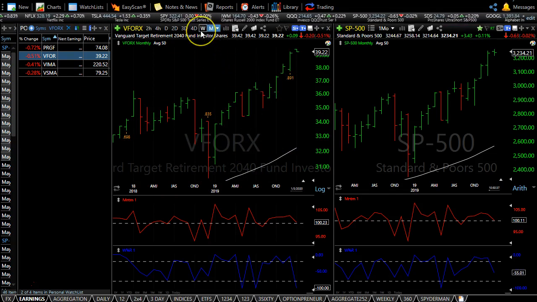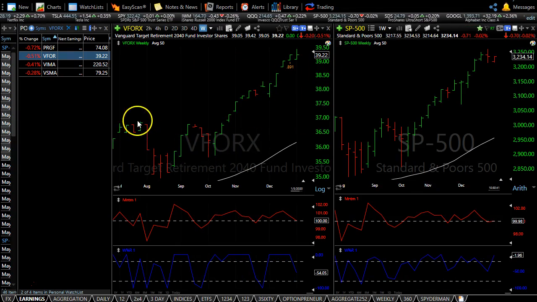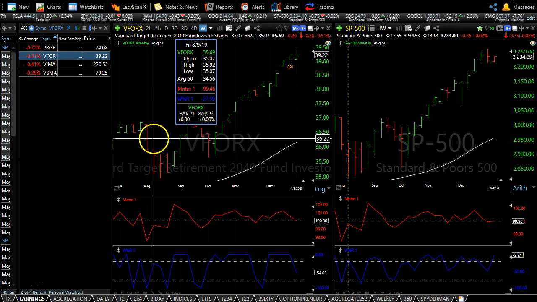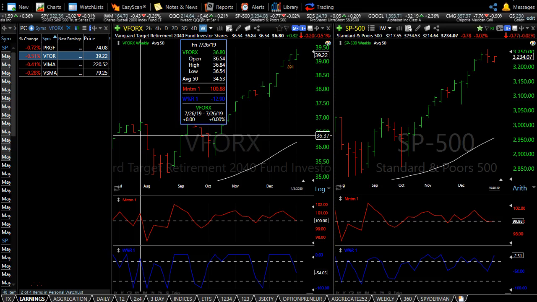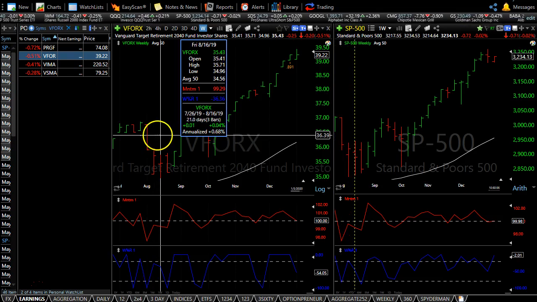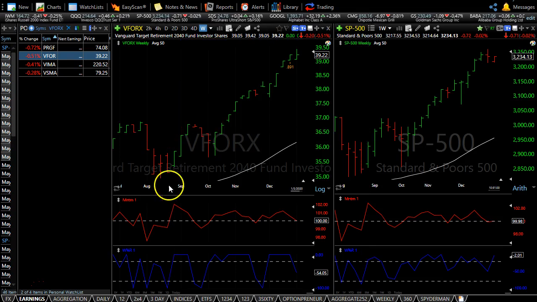Let's go to a weekly chart. You can still see the uptrend. Every bar represents 1 week of trading. In July of 2019, it topped and then it sold off. And as you can see here, down in August, it bottomed.